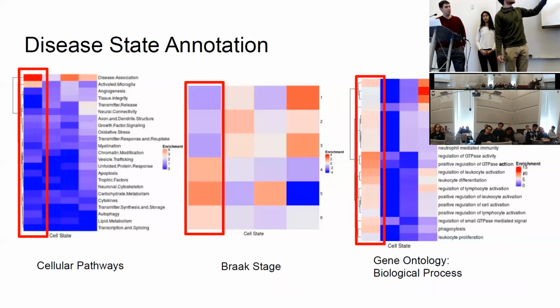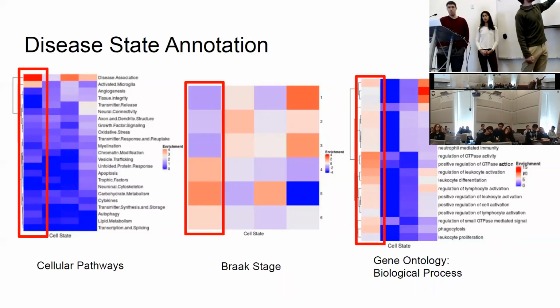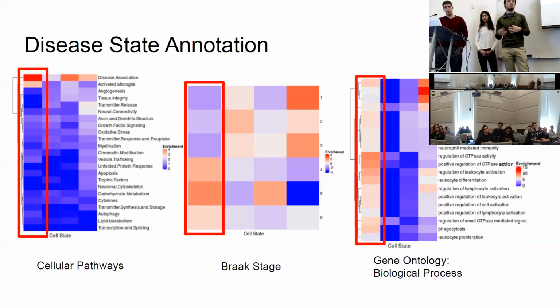So we also looked at the Braak stage, and you can see here that there's this progression. Braak stage is a measure of the progression of Alzheimer's disease, and you can see stronger enrichment in later Braak stages. So ultimately, we look at this first cell state to define our disease score for an individual cell, which is the enrichment for this state.